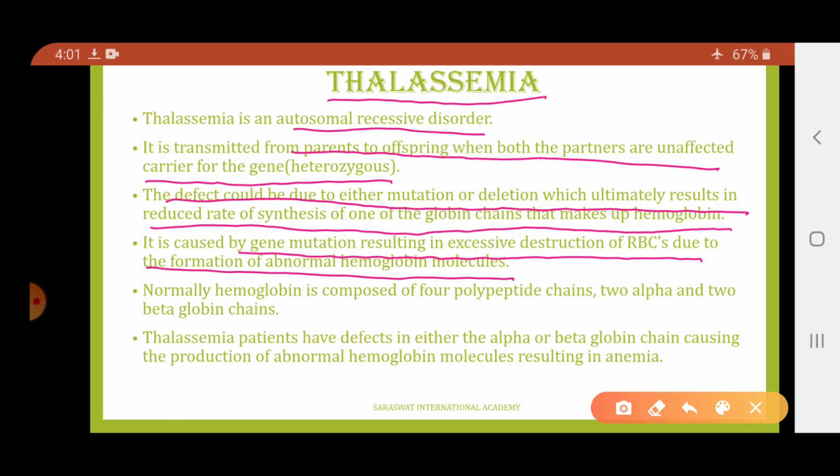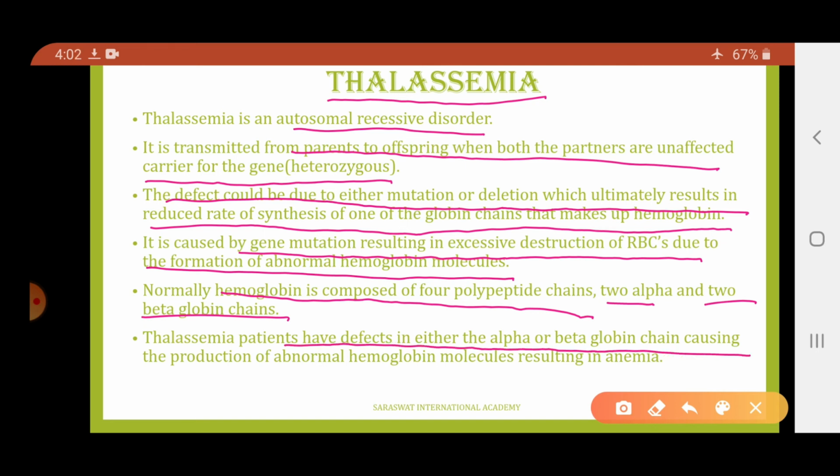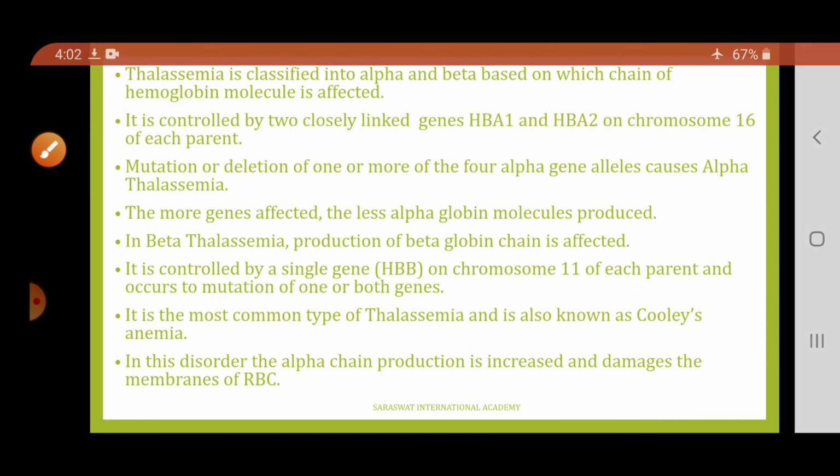Hemoglobin is formed abnormally and its quantity is also reduced, due to which RBCs rupture and it results in anemia. Now we know normally hemoglobin is composed of 4 polypeptide chains, 2 alpha and 2 beta globin chains. The thalassemia patients have defects either in the alpha or beta chain, causing the production of abnormal hemoglobin molecules, which results in anemia.